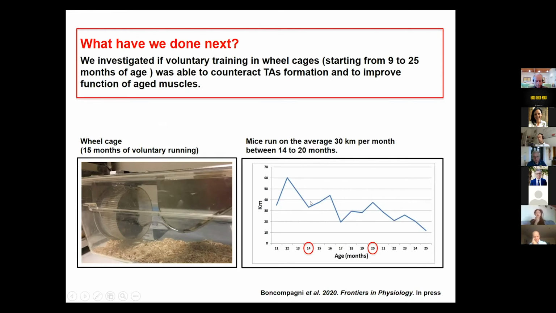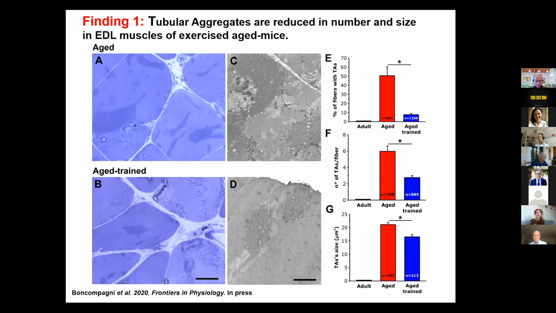So practically they run 4 or 5 kilometers per night. At 2 years of age, mice were sacrificed and EDL muscles were processed for structural and functional experiments.